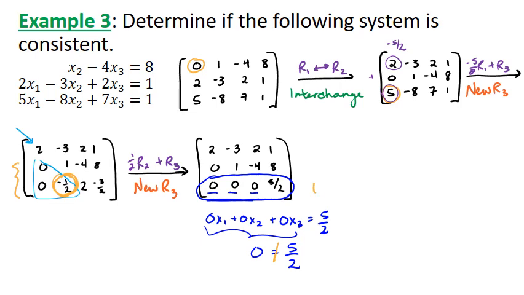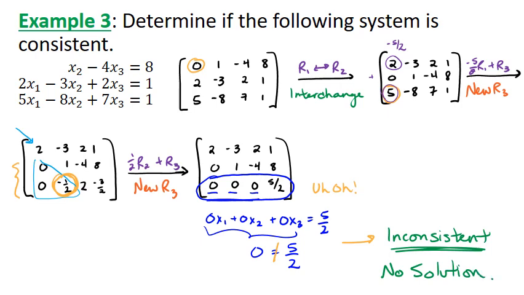This is a problem. Uh-oh. This means that this is an inconsistent system of equations. And remember, an inconsistent system of equations means that there is no solution. So if you run into something that looks like this, you will be prepared.